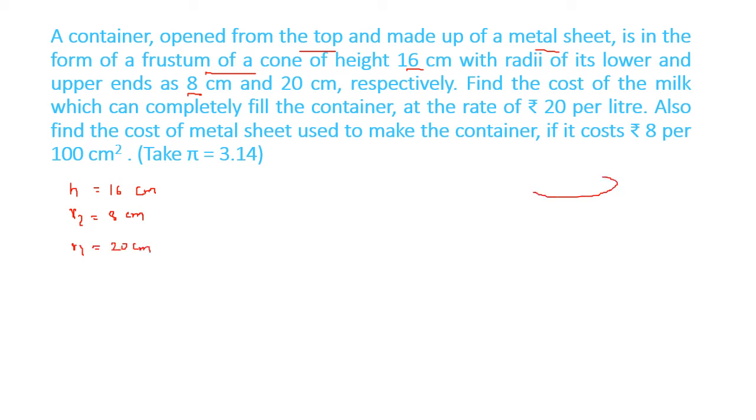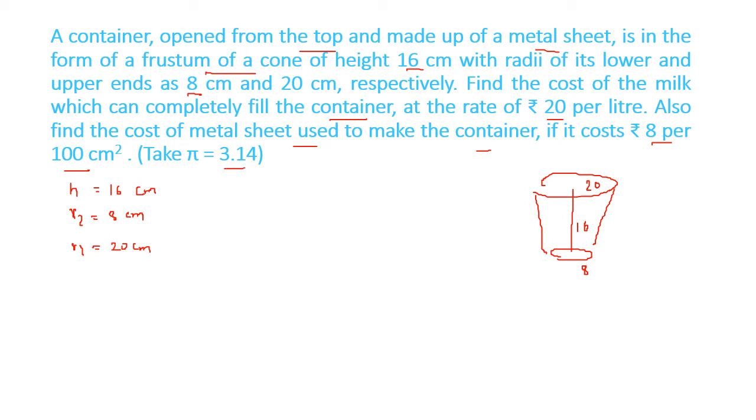So the upper is bigger and the lower is smaller. Find the cost of the milk can completely filled in the container at the rate of 20 rupees per liter. Also find the cost to make the metal sheet to make the container if it costs 8 rupees per centimeter square. And take pi as 3.14.